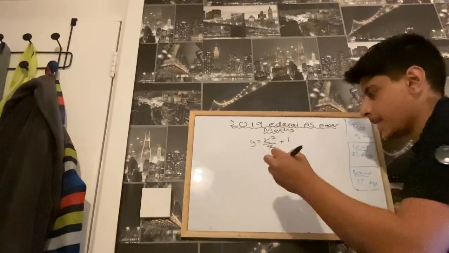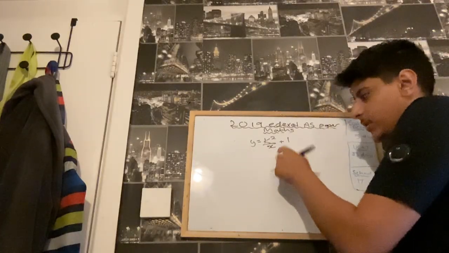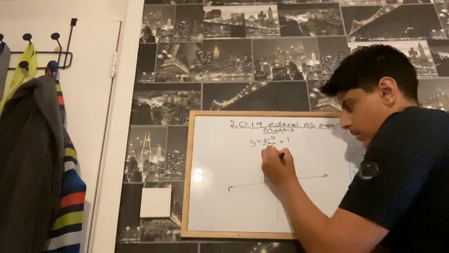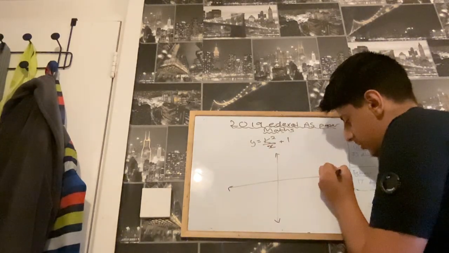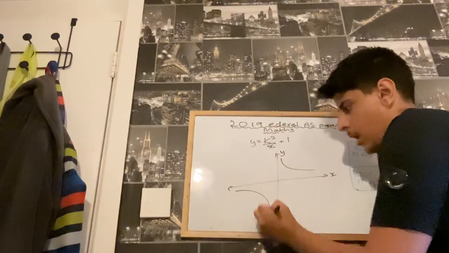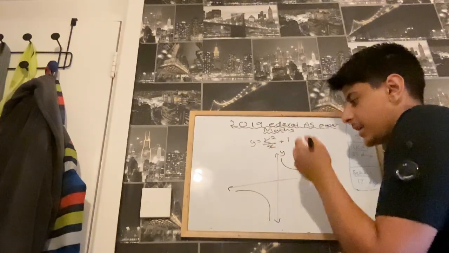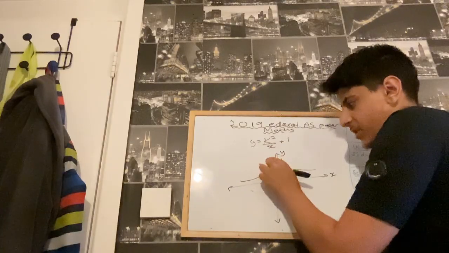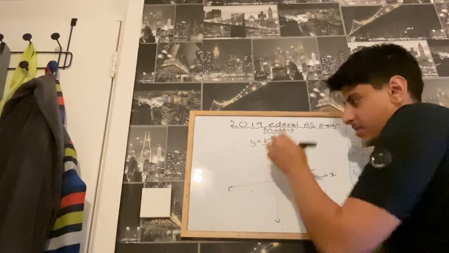Okay, so generally a graph like that would be like this. This would be the x coordinate, y coordinate, and generally it would be like this, unless the bottom is squared. If the bottom is squared, it would be like this, but it's not. So the bottom is the normal x.